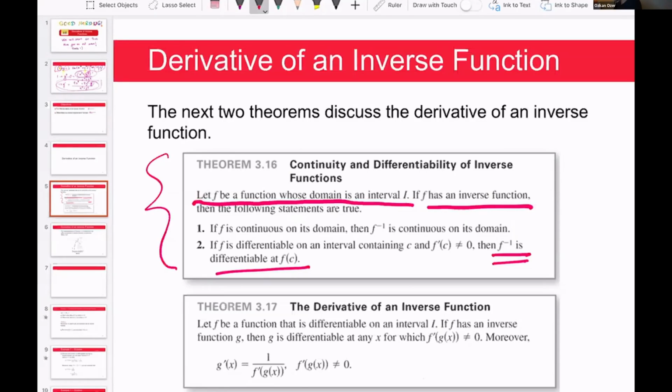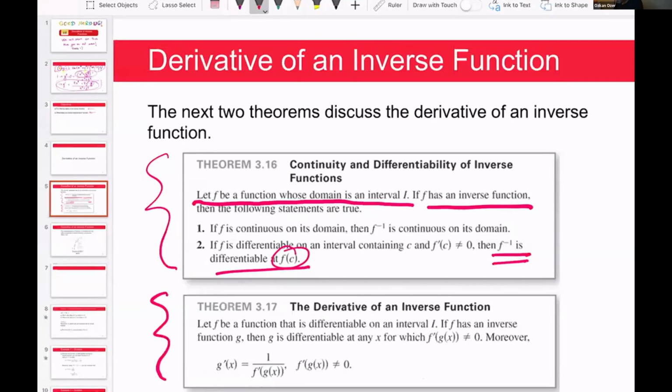And if f is also differentiable, if you can use the rules of differentiation to take the derivative of that, as long as f prime at c, the point that you're interested in, is not 0, in other words, the slope is not 0 at the point, then you can just say that f inverse is also differentiable at f of c.